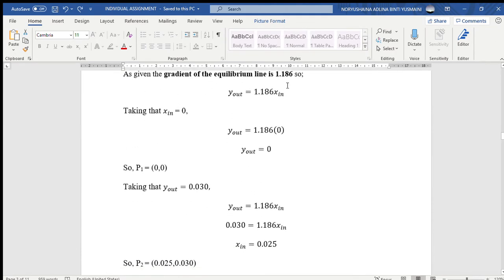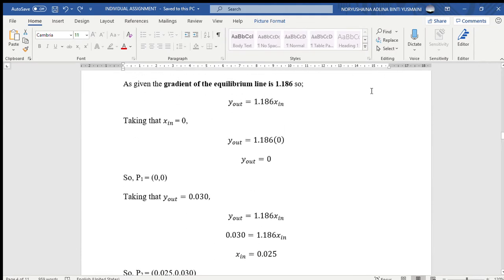After finishing the operating line, I continued to calculate the equilibrium line using the gradient given. The gradient given is 1.186. I substituted this gradient into the straight line equation, and it turned out to be y equal to 1.186 x. To find the two coordinates to create an equilibrium line, I took any value from the x-axis or y-axis and substituted it into this formula.